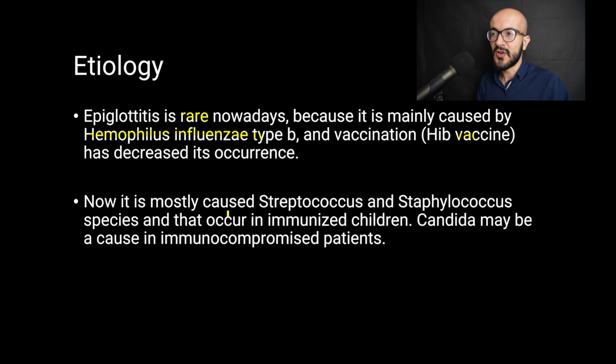Now it is mostly caused by Streptococcus and Staphylococcus species, and that occurs in immunized children. And immunized means immunized against Haemophilus influenzae. Now Candida may be a cause in immunocompromised patients.